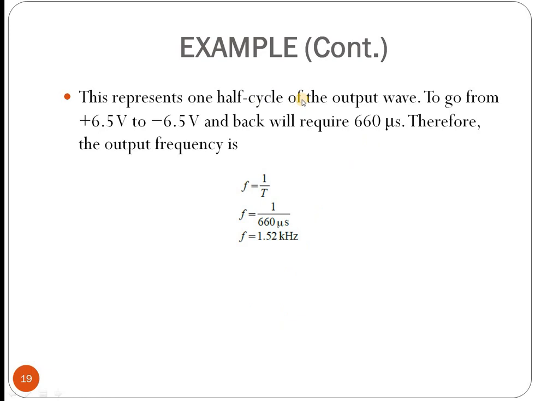To go from plus 6.5 to minus 6.5 and back for the full cycle, it will take 660 microsecond, so that's double. The frequency f equals 1 by the time period T, so we get a frequency of 1.52 kilohertz. The frequency and the voltage amplitude are the results of this question.